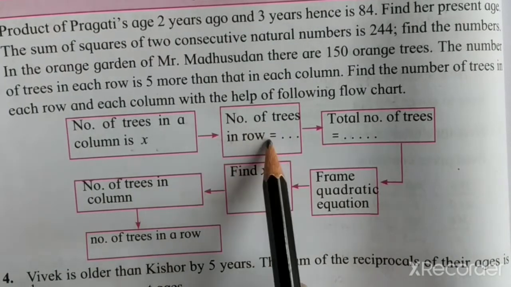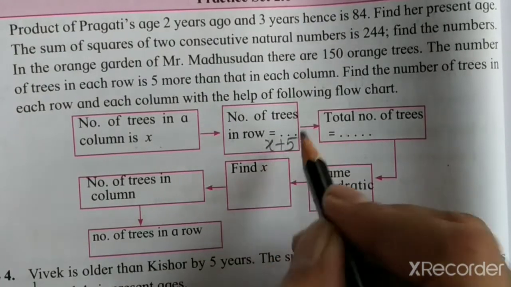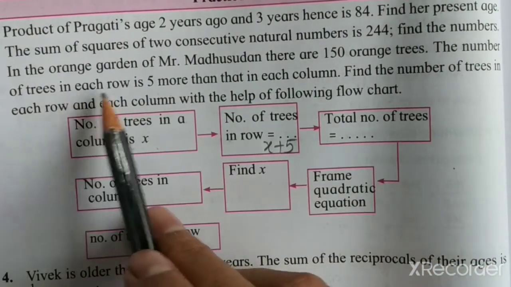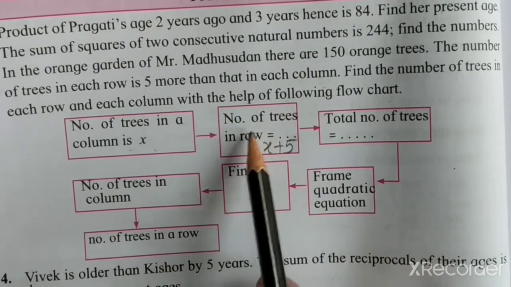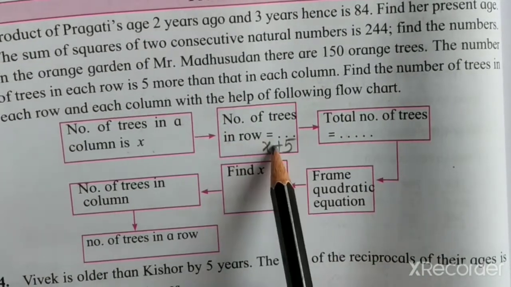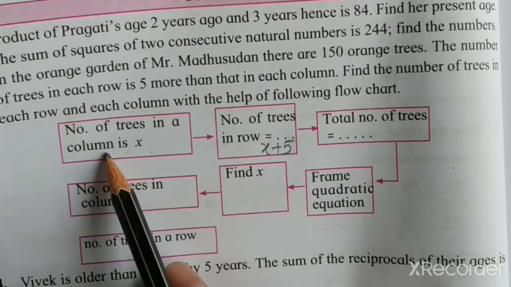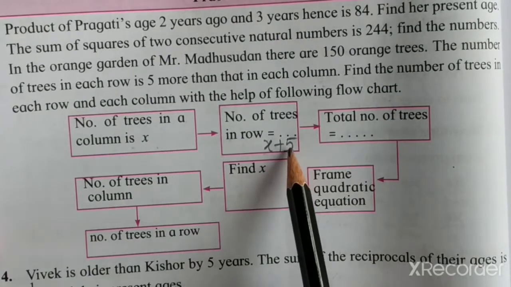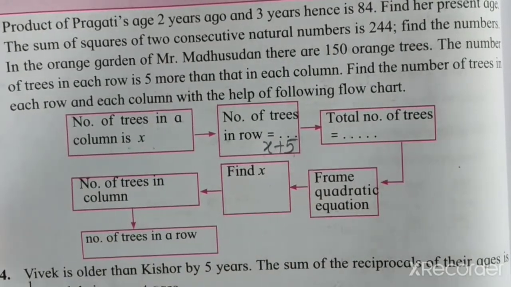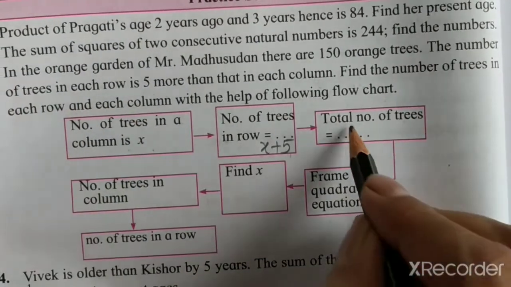So the number of trees in a row will be x plus 5, because it is given that each row has 5 more than each column. So x plus 5 fills the blank here. The total number of trees is already given, 150.